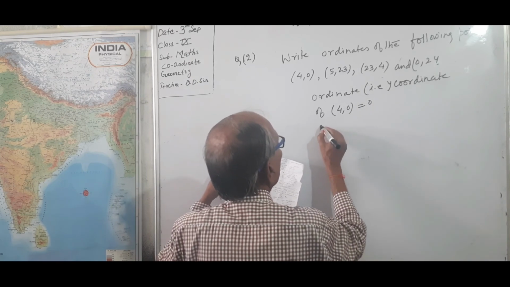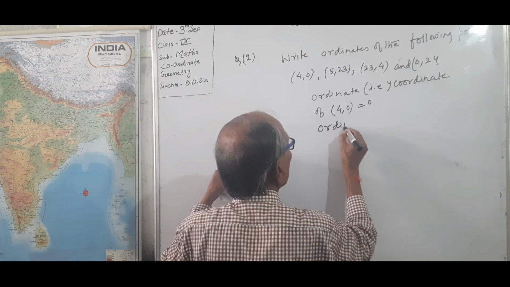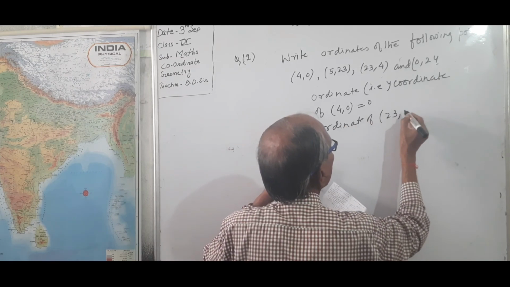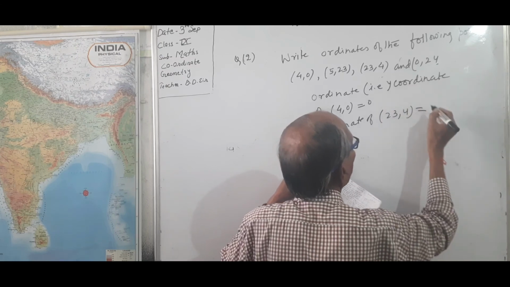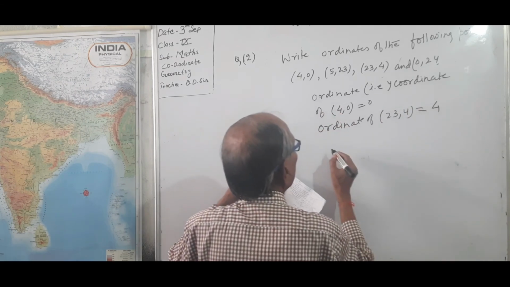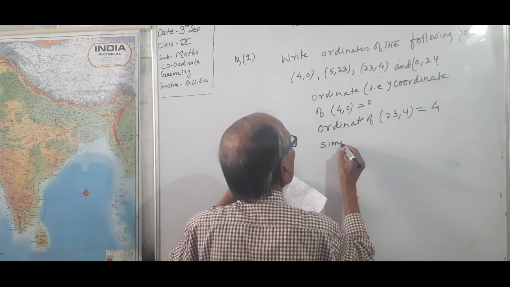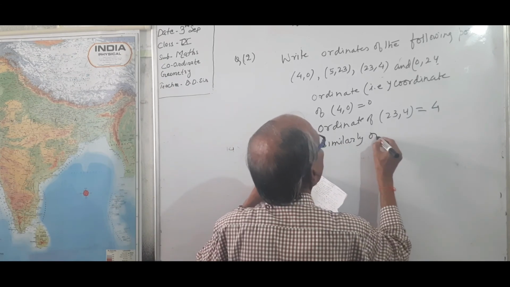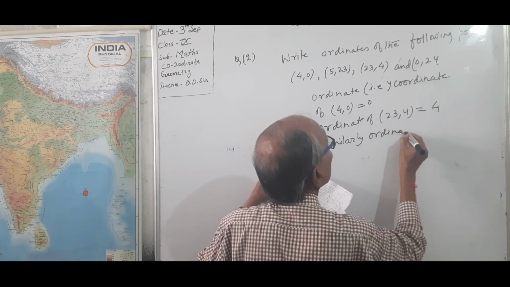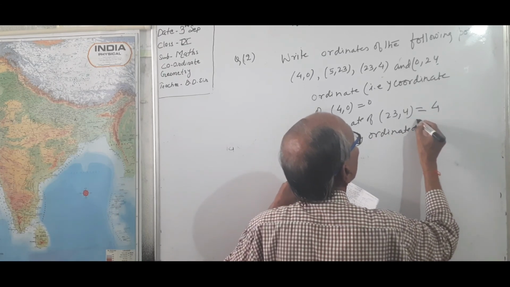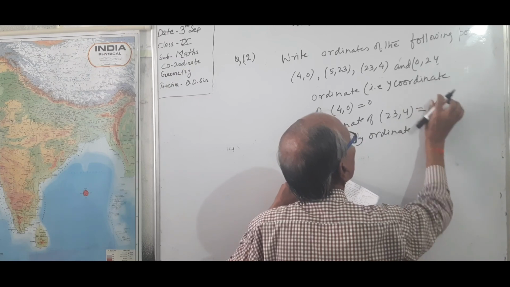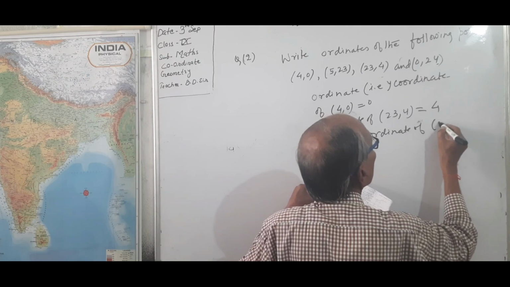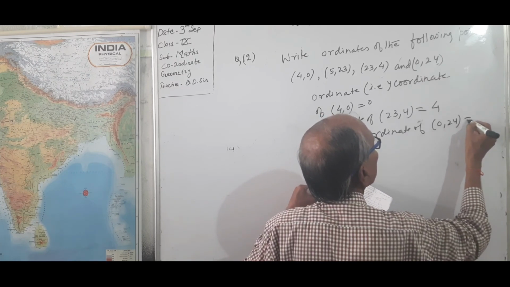Similarly, the ordinate of (2, 3) is 3, the second value. Similarly, the ordinate of (0, 24) is equal to 24.